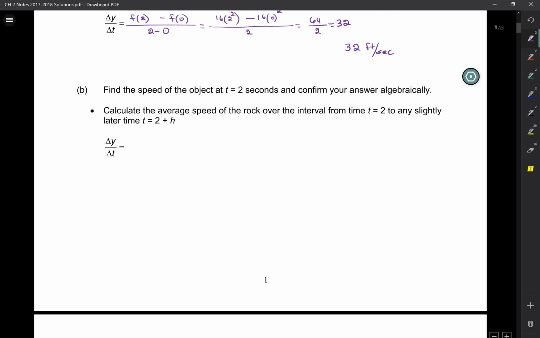So how are we going to do this? We're going to do f of t, right. So now we're going from t equals 2 to t equals 2 plus h. So t equals 2 is my t1, and t2, my final time, is 2 plus h.